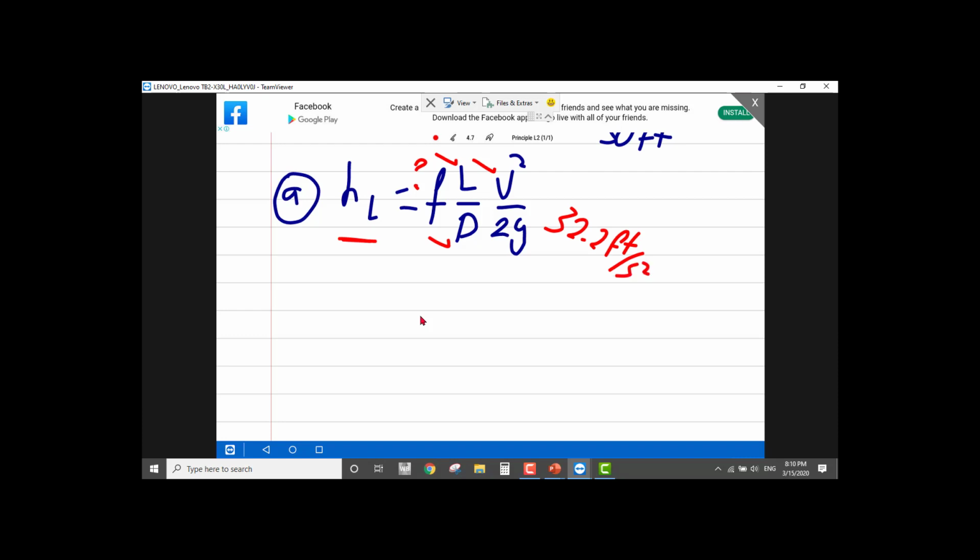So how to find the friction factor? We know that the flow may be laminar, may be turbulent, so we need to check. How to check? We need to calculate the Reynolds number, which is equal to rho V multiplied by diameter divided by viscosity.